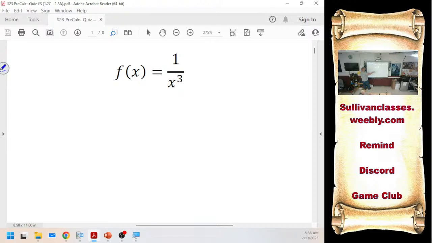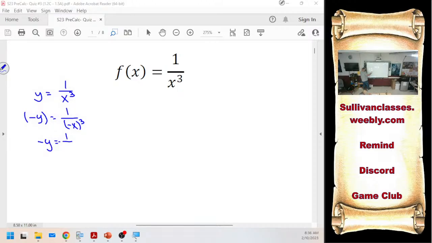If I'm proving symmetry, you would say y equals 1 over x to the third, and then what is the rule for that? Negate both. Okay, make sure you have those rules written down. So I'm going to put in a negative y and a negative x. I get a negative y.